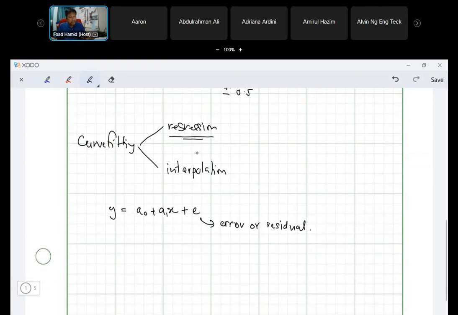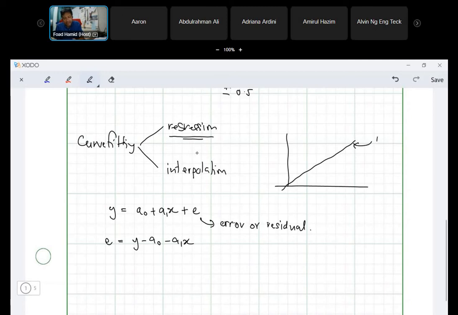From this equation, we know that E is just y minus a naught minus a1 x. Let's say this is again our experiment, and we know from physics this is our line that represents F equal to kx.